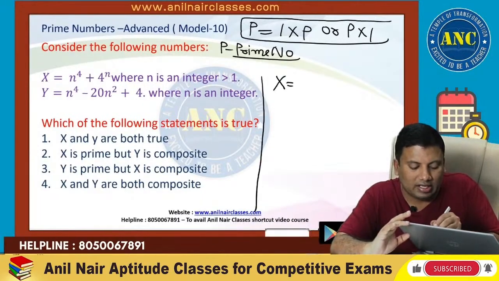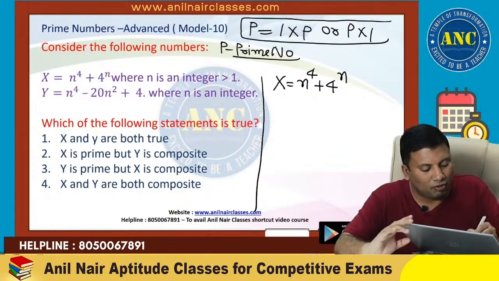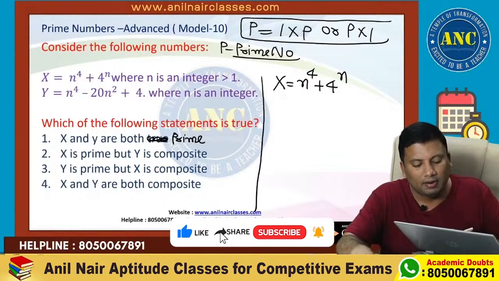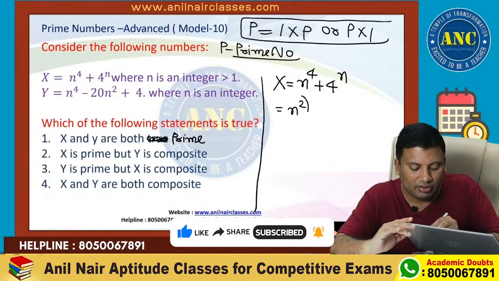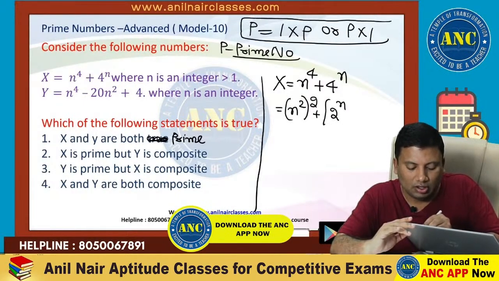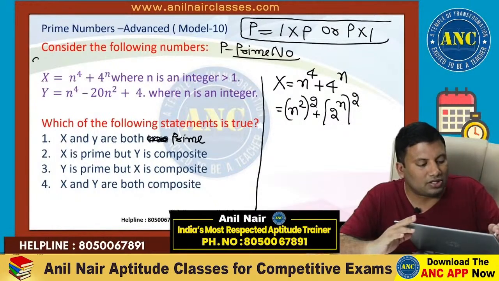First one, x equivalent to n power 4 plus 4 power n. Right? n power 4 and 4 power n. This is nothing but a prime number? Listen carefully. Prime number means I need to write it as a product of two factors. This is n square whole square. This is 2 power n whole square, 2 power 2n. A square plus b square.